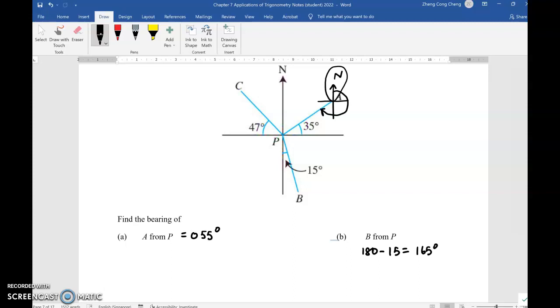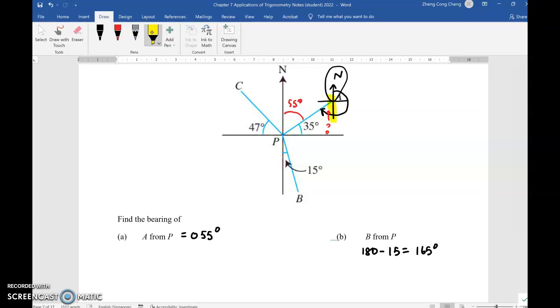The issue is, how can I find this red angle over here? This is where I need to make use of alternate angles and interior angles. We have calculated previously that this is 55 degrees.